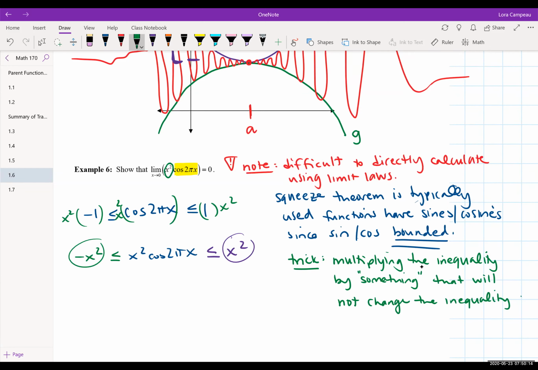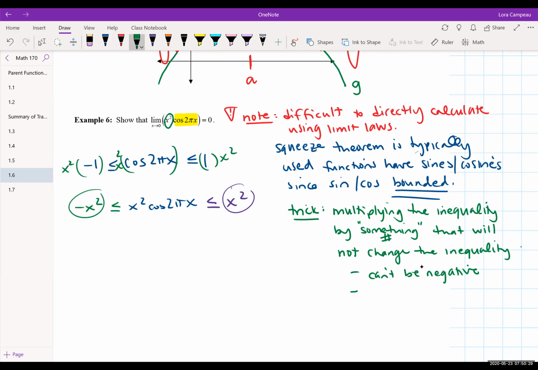If you remember from algebra, the something, usually we're referring to a number. Remember, you can't multiply an inequality by a negative number on both sides because it will reverse the direction of the symbols. And also, you can't multiply inequalities by 0 because things will disappear.